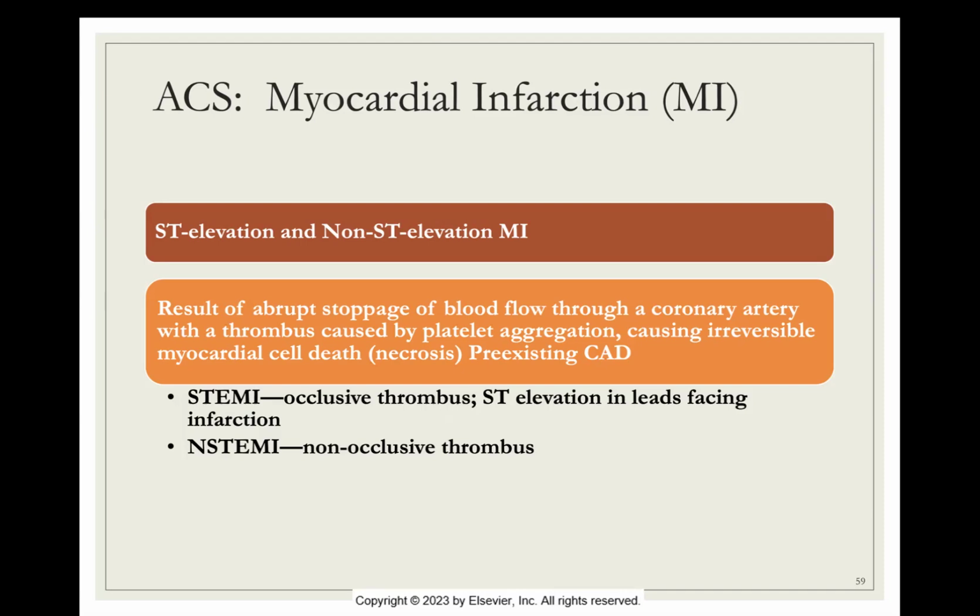But with MIs, with STEMIs and NSTEMIs, this is a rapid, abrupt stoppage of blood because of a clot that is caused by platelet aggregation on a pre-existing area where there's been atherosclerosis and fatty deposits.